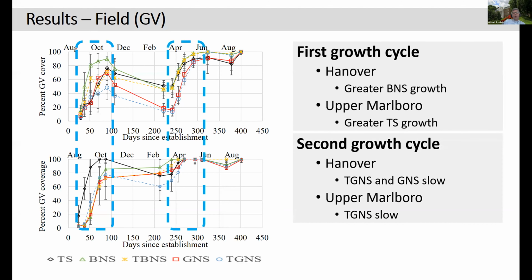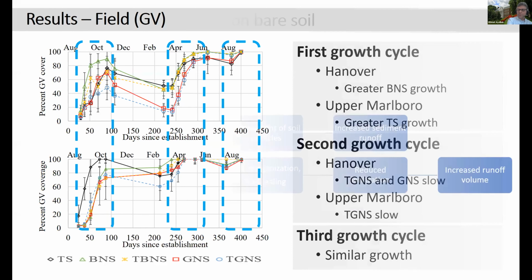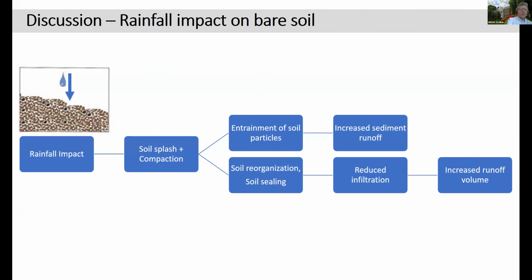However, in the second growth cycle, they changed. When we go to the third cycle, they were providing similar growth values. So if one is looking at early establishment, that may make a difference, but later down the road, they will probably give you comparable growth values. Discussion here.